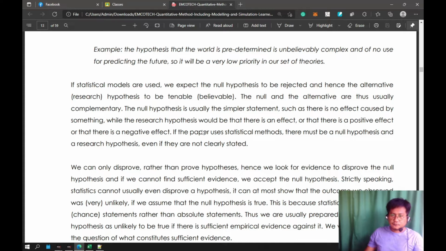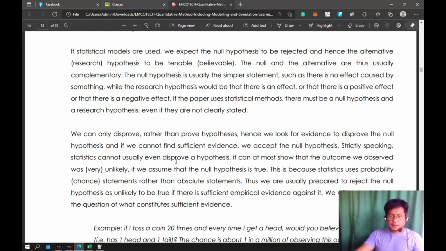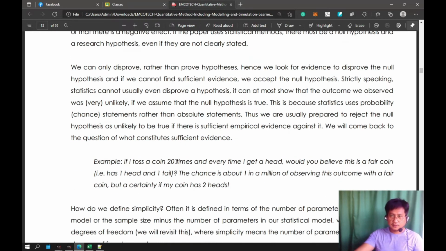Okay? Though we can only disprove rather than prove hypotheses. Hence, we look for evidence to disprove the null hypothesis, and if we cannot find sufficient evidence, we accept the null hypothesis. Strictly speaking, statistics cannot usually even disprove a hypothesis. It can at most show that the outcome we observe was very unlikely if we assume that the null hypothesis is true.